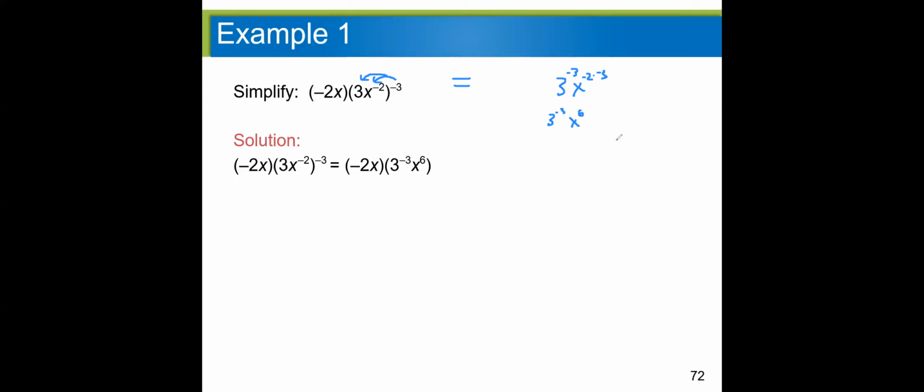All right, sweet. What is 3 to the -3rd? Well, that is the same thing as, the negative says, put the number from the numerator to the denominator or vice versa. So that means 1 over 3 to the 3rd times x to the 6th. 3 to the 3rd, 3 times 3 is 9, which is what, 18?